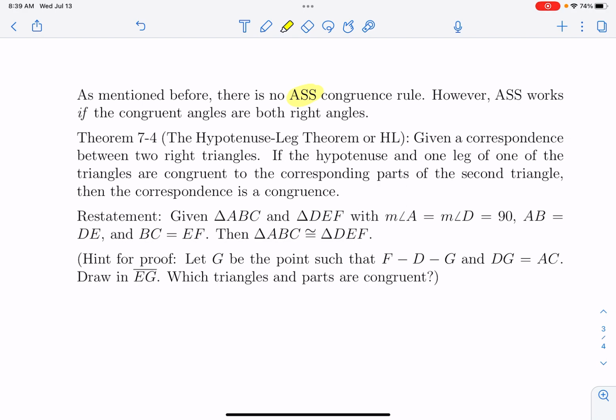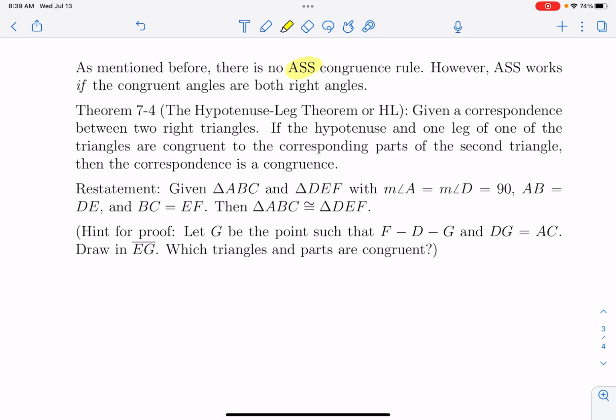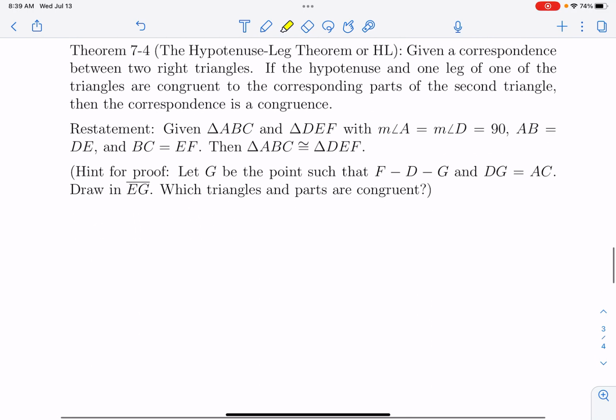So this is called the hypotenuse leg theorem, or HL. So it says, given a correspondence between two right triangles, if the hypotenuse and one leg of one triangle is congruent to the corresponding parts of the second triangle, then the correspondence is a congruence. Let's make this a little more concrete.